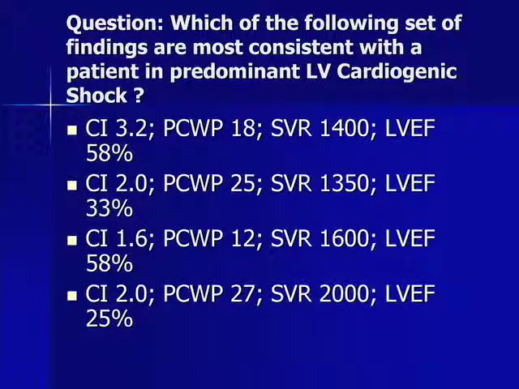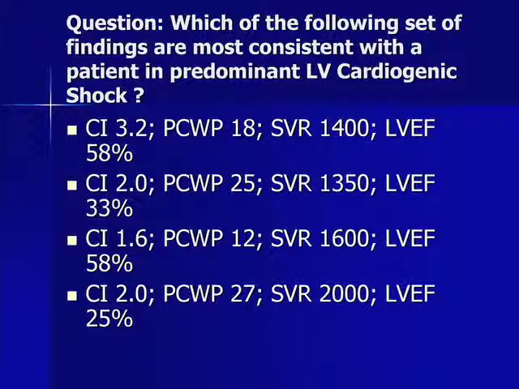So knowing that background, which of the following set of findings are most consistent with patients in predominant LV cardiogenic shock? You put a Swan in and you get these 4 findings, and which one is which? Cardiac index of 3.2, a wedge of 18, an SVR of 1400, and a left ventricular ejection fraction of 58%.